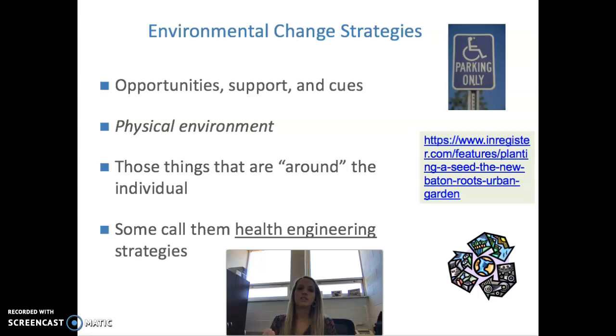And some call these strategies like health engineering, things that are put into our environment to help change. Some other things also in that built environment that I've noticed recently, and if you drive down Union, some of the newer buildings are being placed right along the sidewalk, and not putting a parking lot next to the sidewalk first. They're actually putting the building next to it, and it is trying to influence individuals to walk to different places.